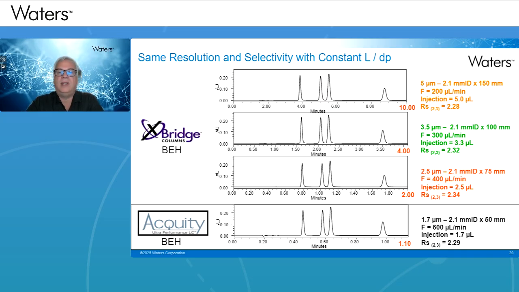That comes with the technique. We will need a system that is capable of operating at higher back pressure. So my limitation, when I say, okay, in the literature they were using that column, let's say a sub 2 micron particle.